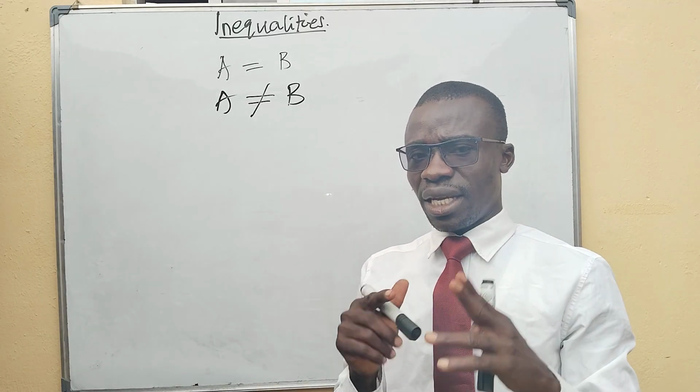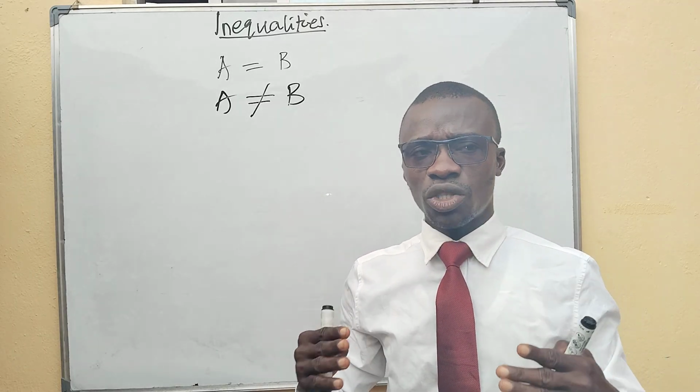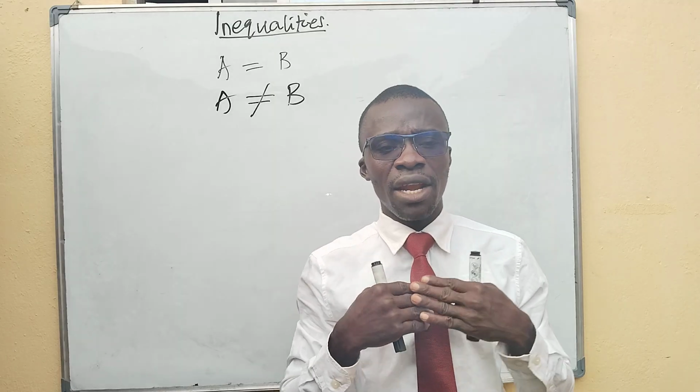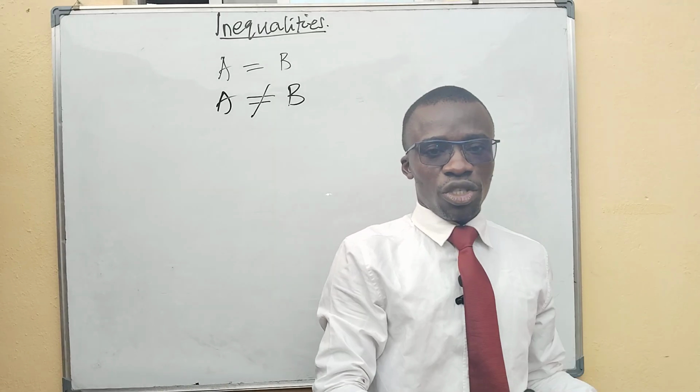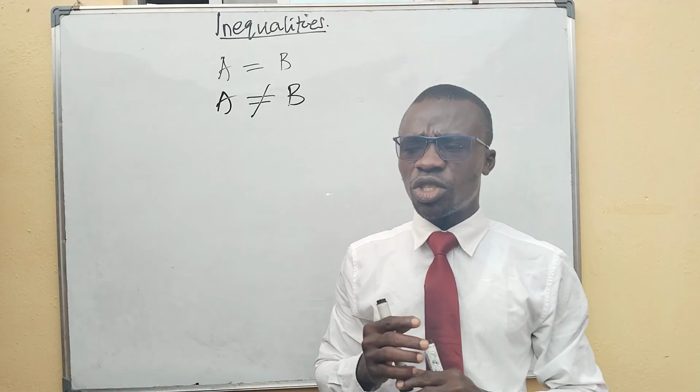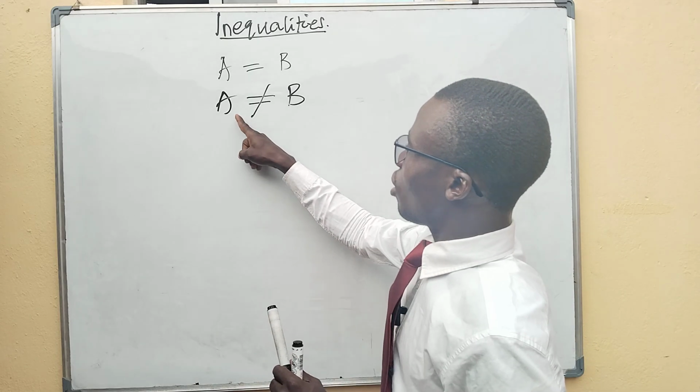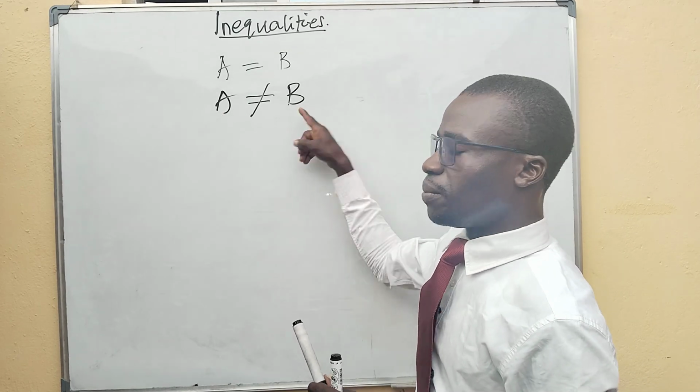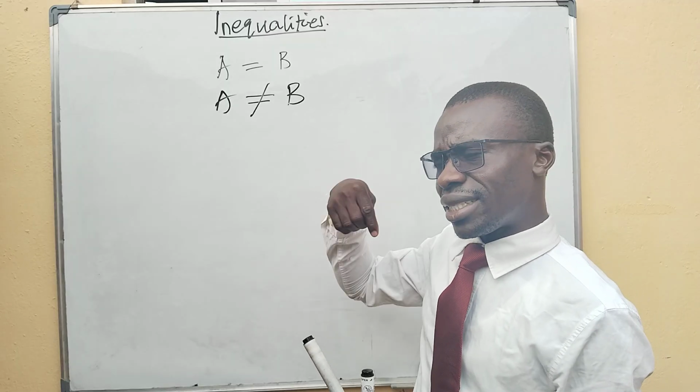Now, in two ways. When we talk about something unequal, something comes to your mind. Okay, I know I'm not equal to this person. Okay, no problem. The next thing that comes to your mind is if A is not equal to B, there is another thing that should register.